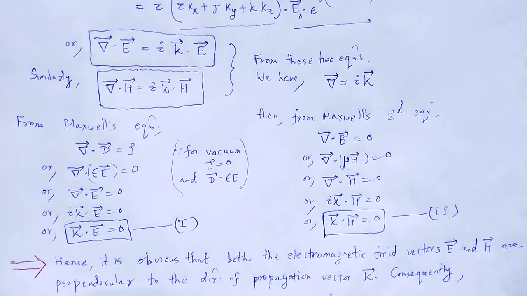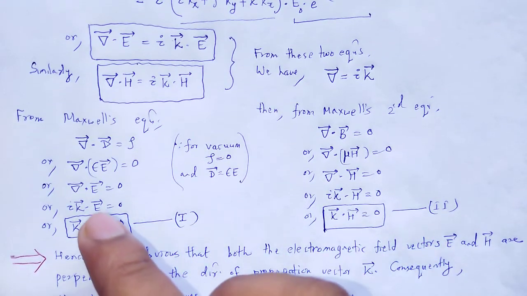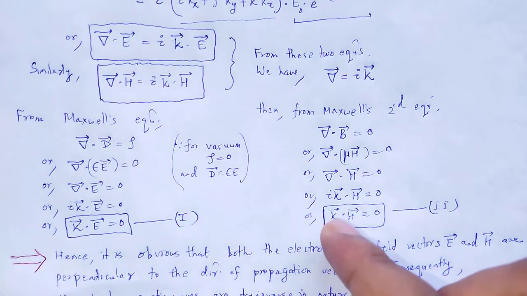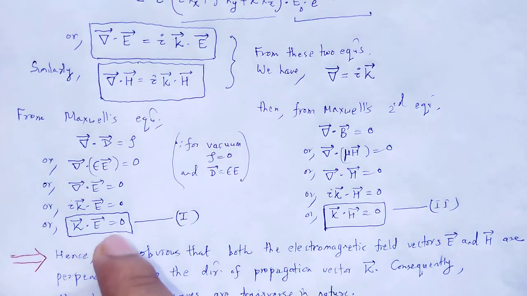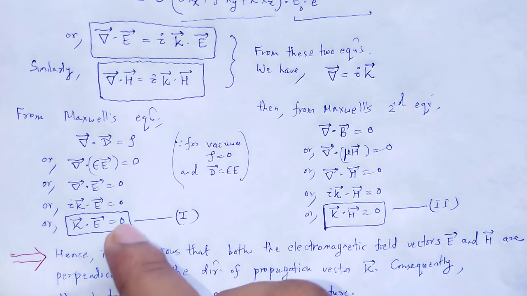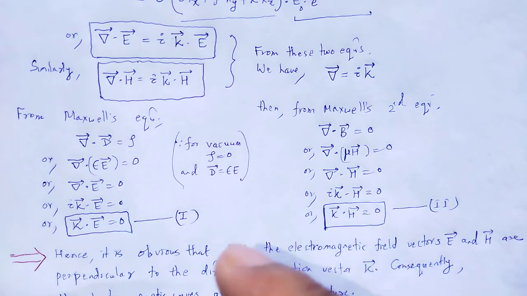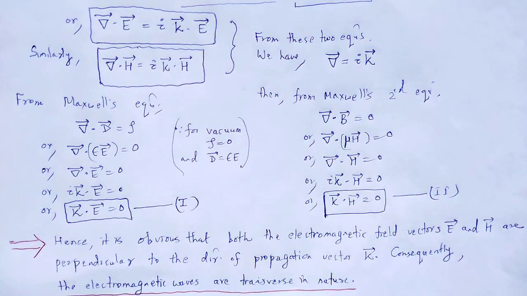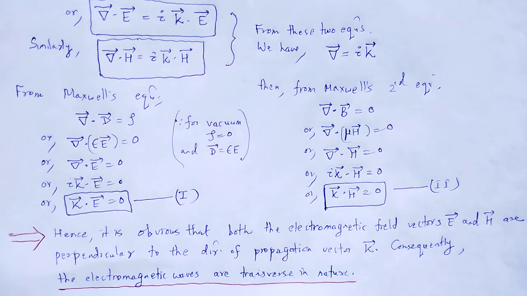We show the electromagnetic field vectors E vector and H vector are perpendicular to the direction of propagation vector, k vector. Therefore, we can easily say that electromagnetic waves are transverse in nature.